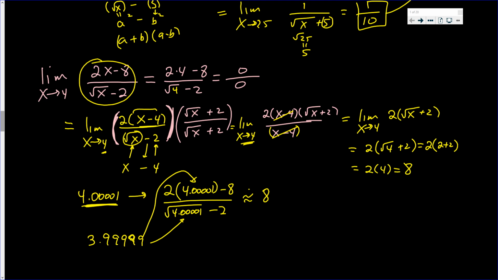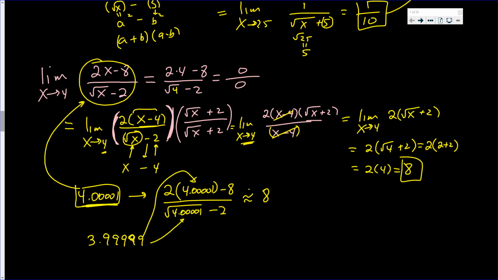So you can always check your limits. Like during an exam, you can use your calculator. Plug this in for x into here, and you should get really close to whatever you claim the limit is.